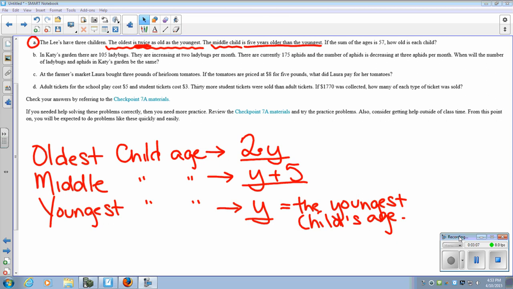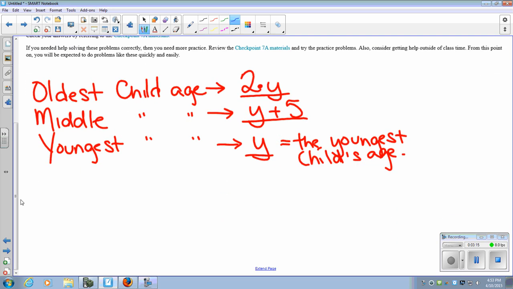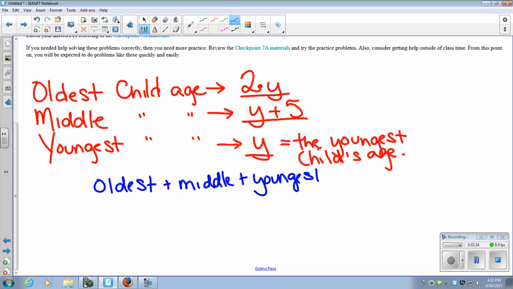Then it tells me the sum, I remember sum means add, of the ages is 57. That means when I add all the ages, when I add the oldest plus the middle plus the youngest, I get 57.